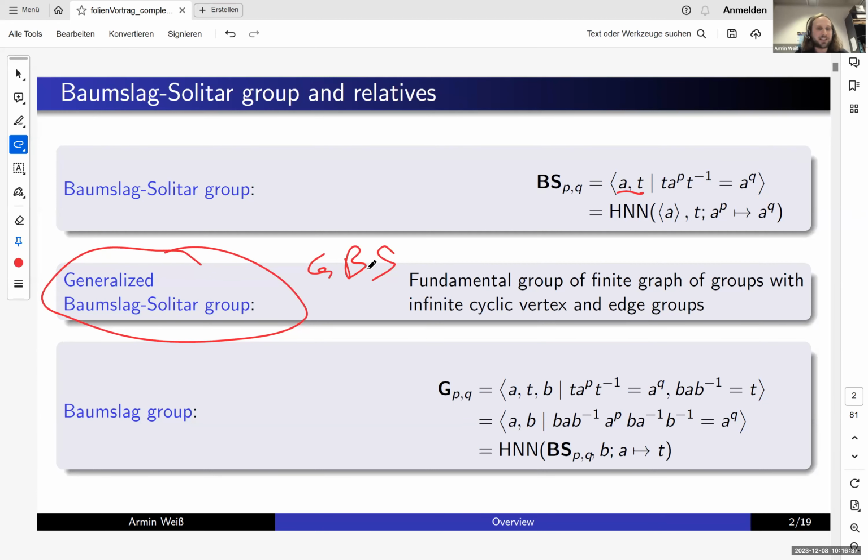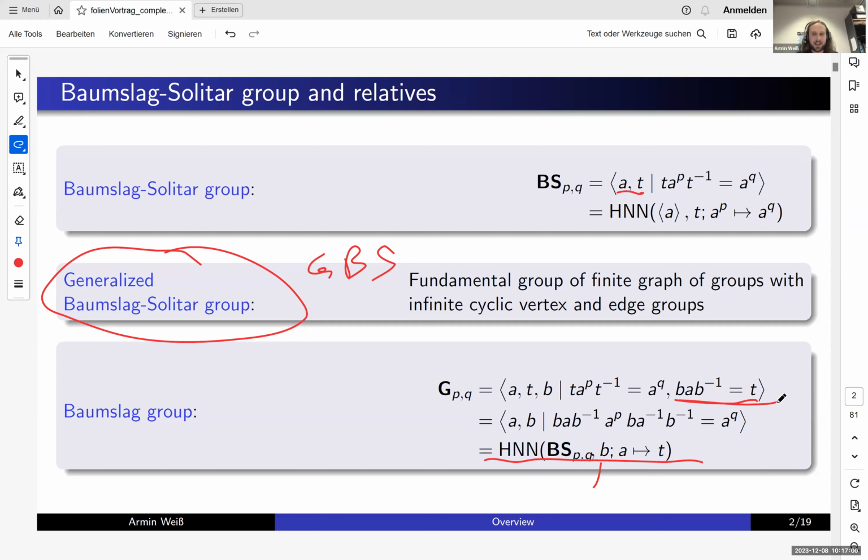Then I have another relative of Baumslag-Solitar groups, and that's the Baumslag group. It's an HNN extension of the Baumslag-Solitar group, again with an infinite cyclic associated subgroup. We take this extra letter b and say that b conjugates a to t. So we get this extra relation.